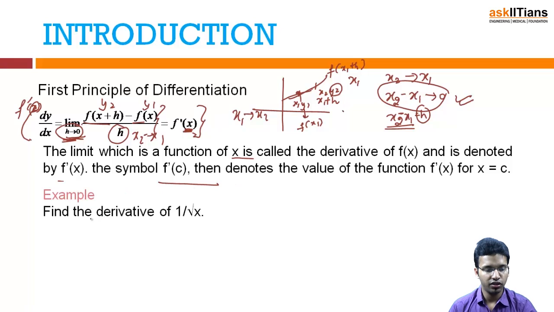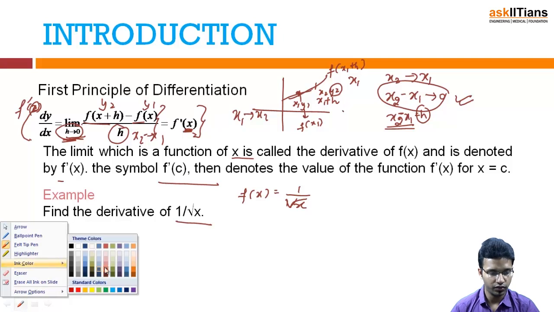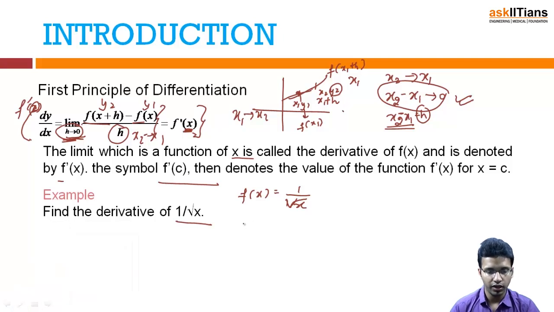Now if I need to find the derivative of 1 by root x, a perfect example. I know that f of x is equal to 1 by root x. Now what we require is f of x plus h.